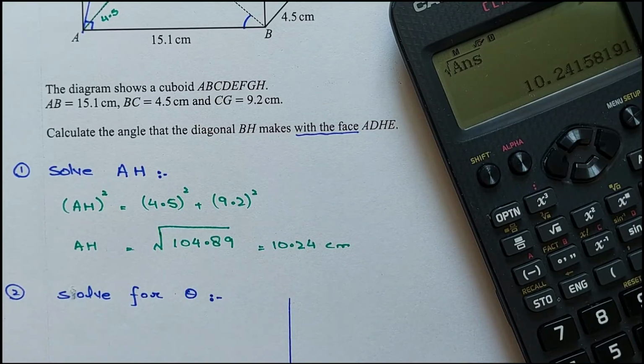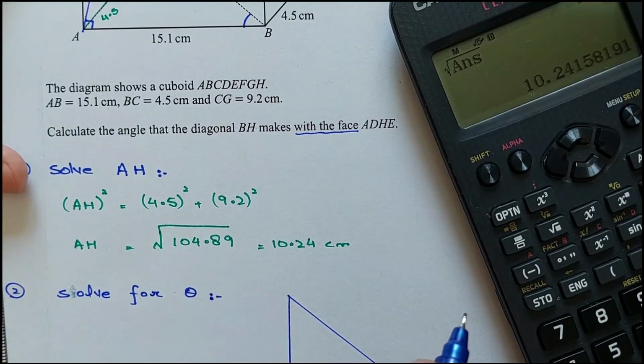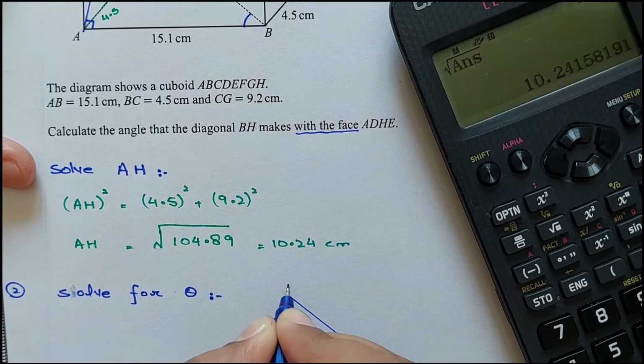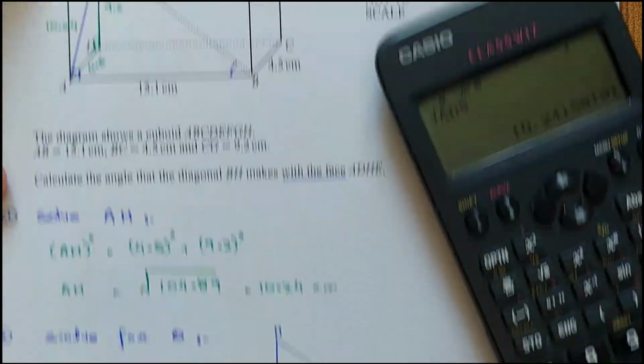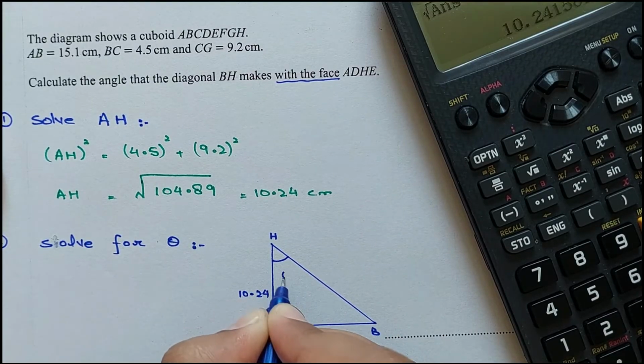It's a right angle triangle, because AB is perpendicular to the face, so AB is also perpendicular to each line segment in the face. AH is perpendicular to AB, and we got AH as 10.24. And AB we are given is 15.1. We can solve for this angle theta.